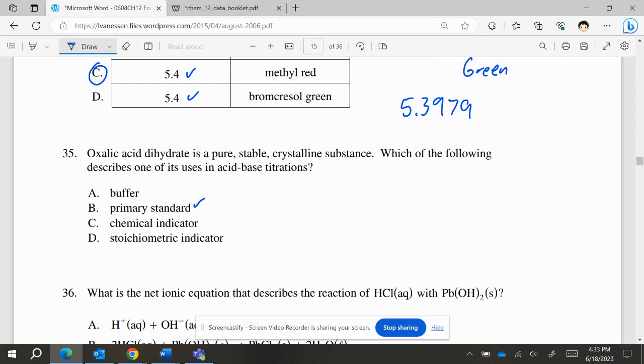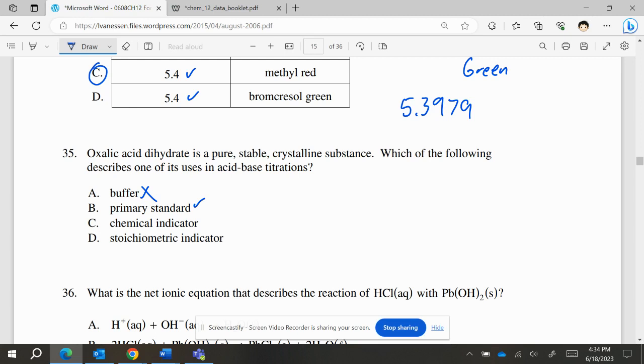Okay. If you didn't know this answer, what you could do is ask, is it a buffer? And be like, no, a buffer is equal parts conjugate acid and base. Did not say that in there. A chemical indicator or a stoichiometric indicator, which is kind of like the same thing.